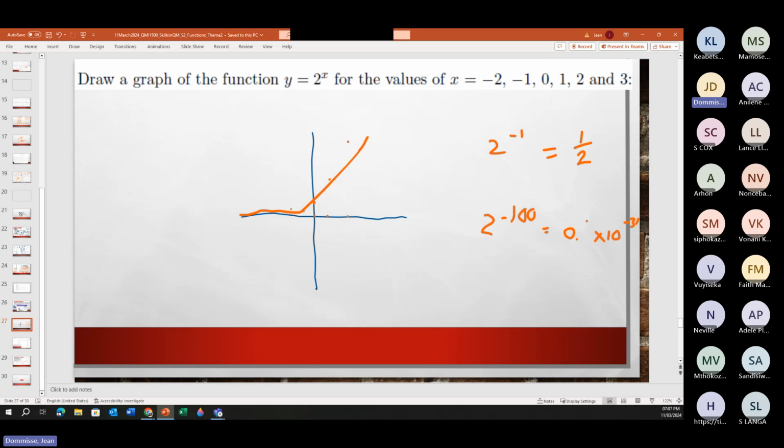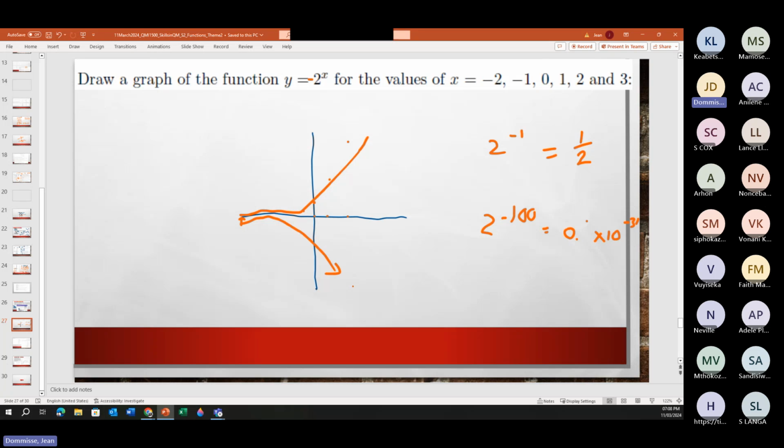So again, it shows that it will never cross the x-axis. The same if there was a minus in front, then the function will look like that.